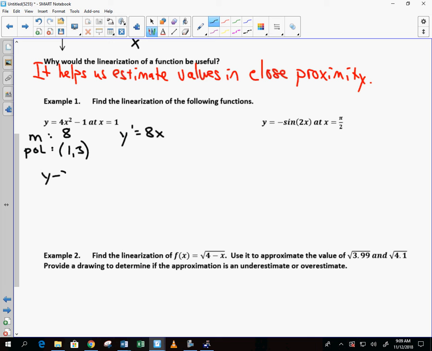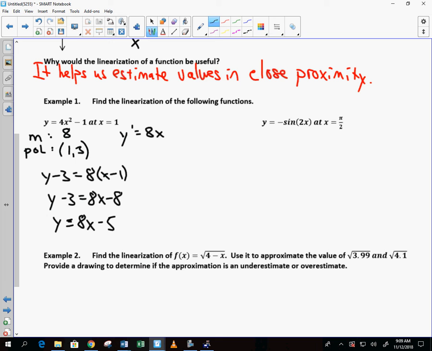So y minus 3 equals 8 times x minus 1. Now you could write it in slope-intercept form: y minus 3 is equal to 8x minus 8, so y is equal to 8x minus 5. And that's the linearization.